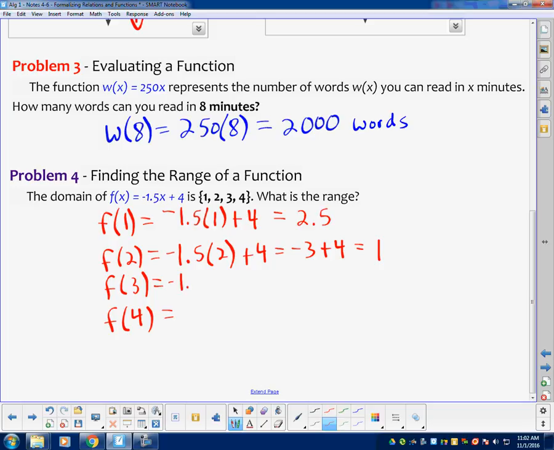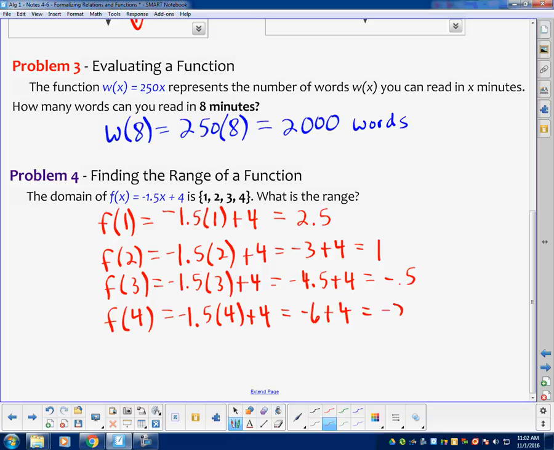And negative 1.5 times 3 plus 4, that's negative 4.5 plus 4, which is negative 0.5. And then we have negative 1.5 times 4 plus 4. That's negative 6 plus 4, which is negative 2.